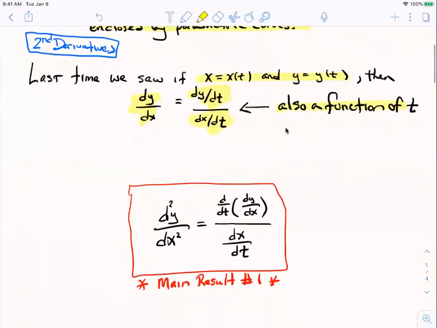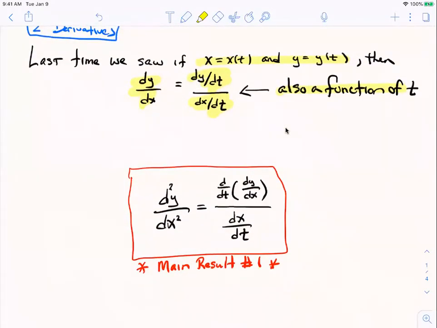If I scroll down here a little bit, you'll see what I mean. If I want the second derivative, that's the Leibniz notation for it: d squared y over dx squared. I just mean the second derivative. And how do I calculate the second derivative? Well, I do it parametrically. So I take the change with respect to t of the first derivative.